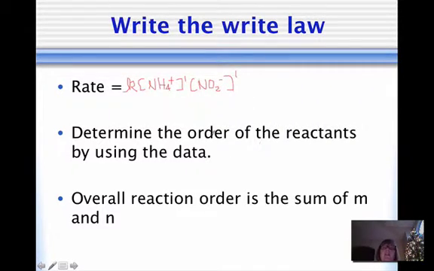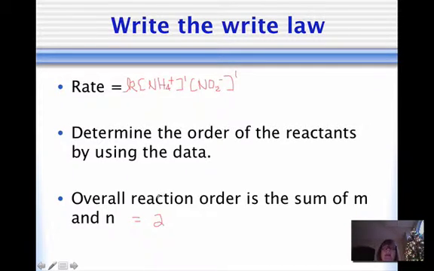Now, we determine the order of the reactants by using the data. It's the only way to do it. All right, now, the overall reaction order is just the sum of m and n. So the overall reaction order for this reaction is 2. So this reaction is a second order reaction.